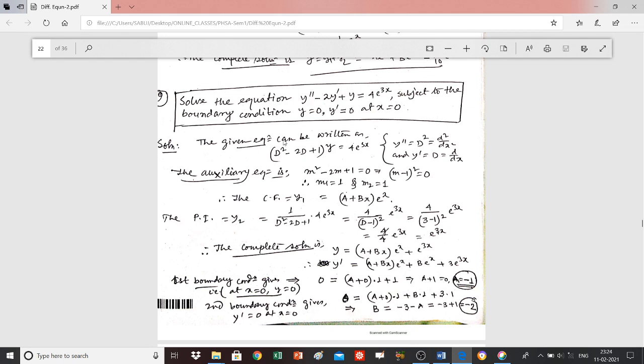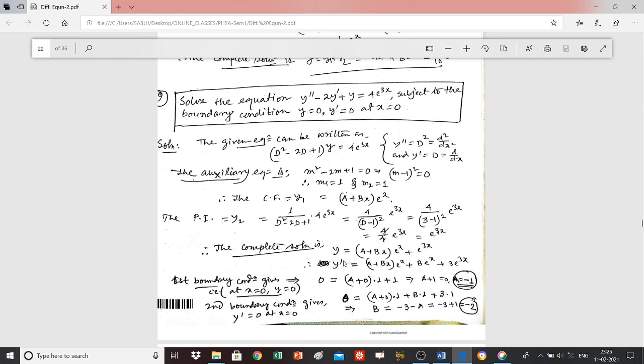So in D operator you can write (D square minus 2D plus 1) y is equal to 4 e to the 3x. And here you can find out the complementary function y1 is equal to this, and the particular integral is calculated here, and after calculation you have y2 is equal to e to the 3x. So the complete solution is this term plus this term, that is here.